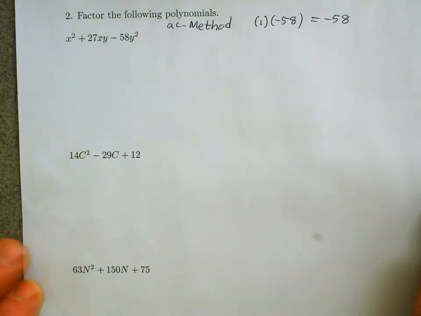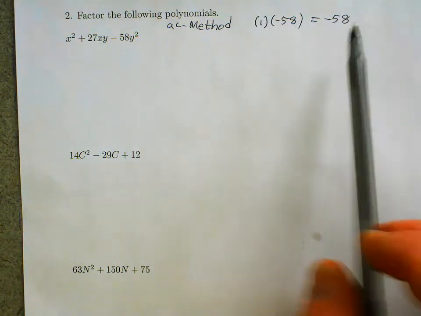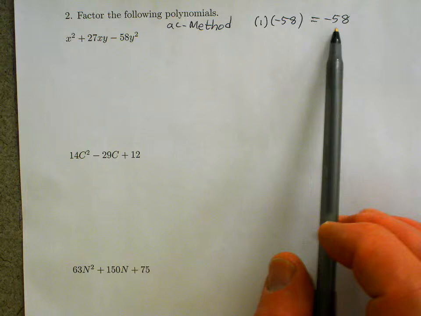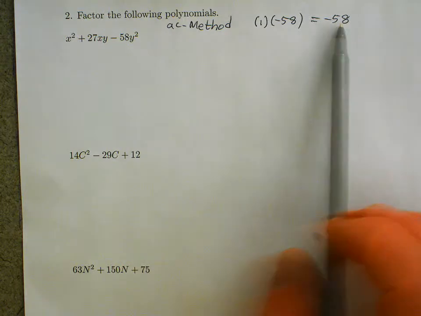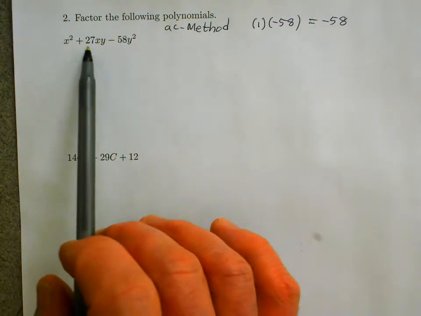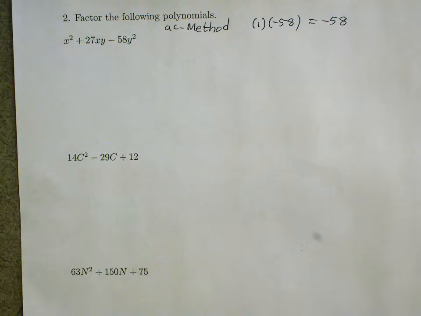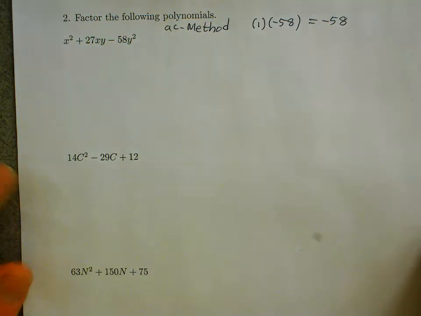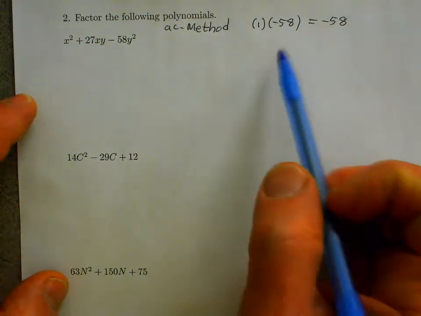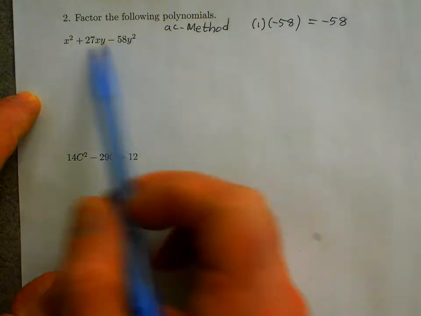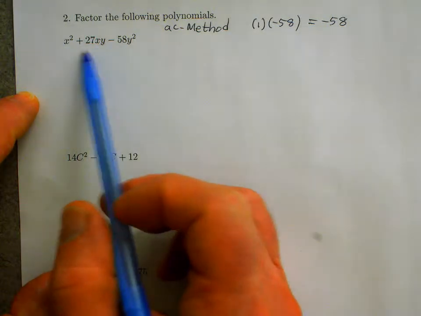Then we try to find two integers that have a product of negative 58 but add up to positive 27. It doesn't take too long to figure out what those are, but let's review the systematic method for finding those two integers.